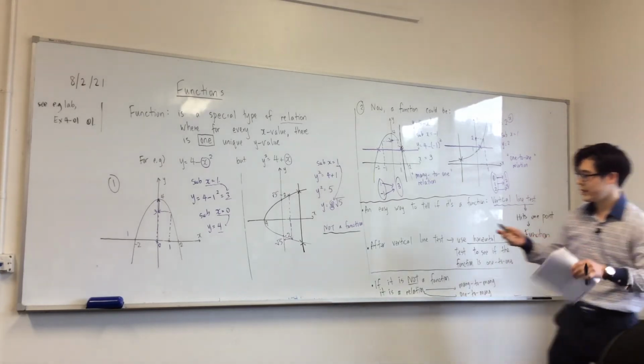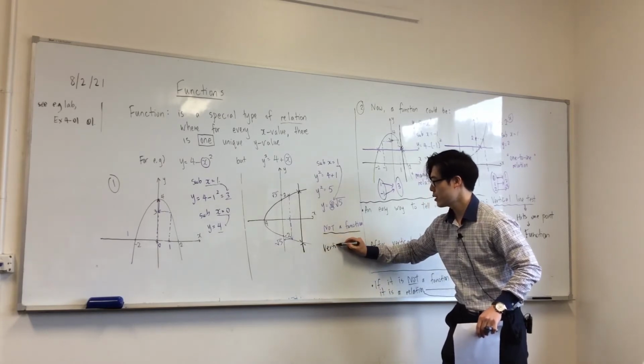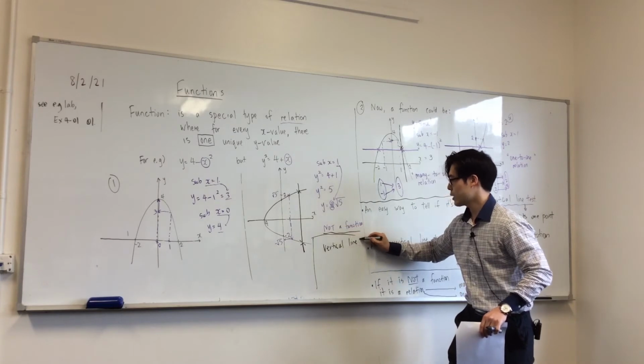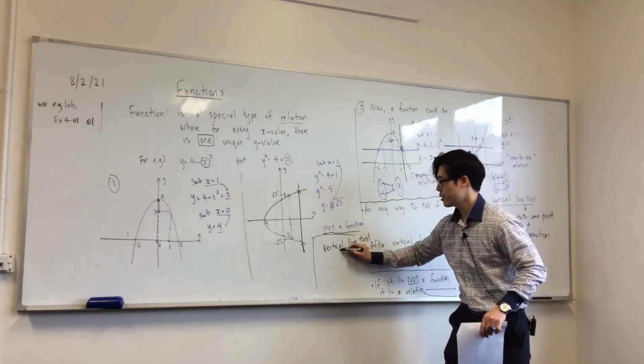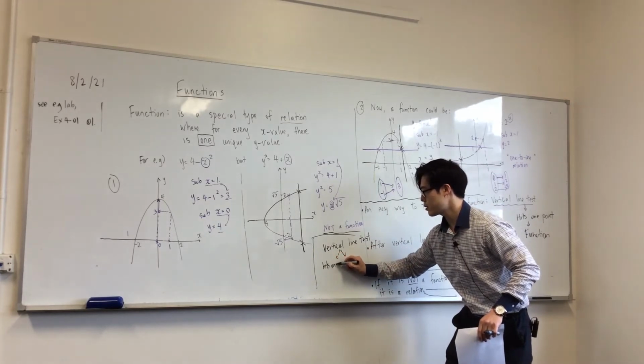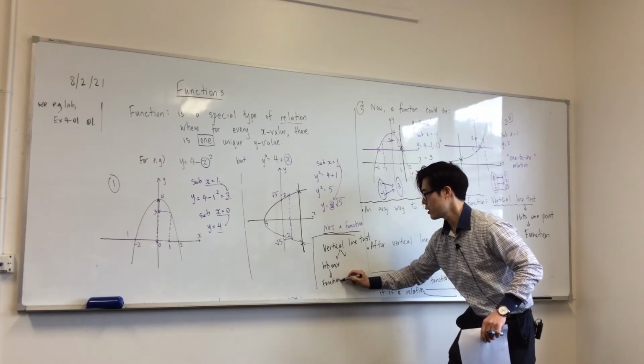So let me draw it out. First thing you do, I'll just do a flowchart. Vertical line test. If it hits once, what is it? Function.